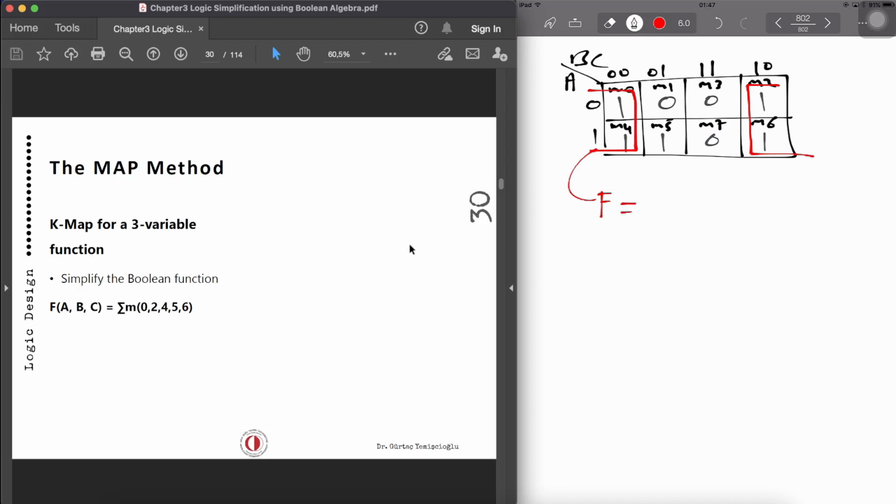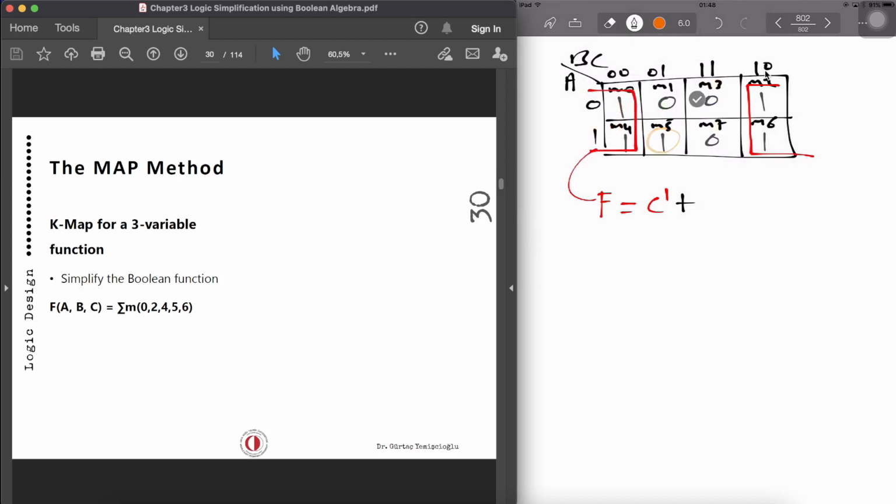Now, when you look at it, A is changing 0 to 1 on both cases, so we don't write A, we look at B. B is 0, changes to 1 over here. C is 0, stays 0. So that means we can write C prime. Then I put OR because I have got another 1 over here.